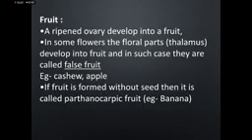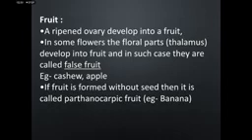Then we move to fruit. A ripened ovary develops into a fruit. In some flowers, the floral part, the thalamus, develops into fruit, and in such cases, they are called false fruit. That means for seed, fertilization is necessary, but in the case of fruit, there is no need of fertilization.